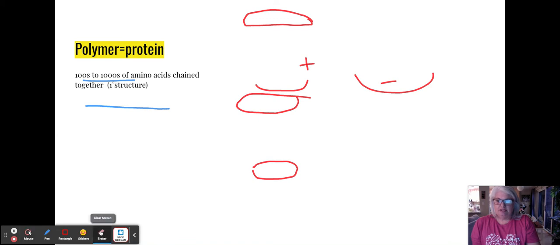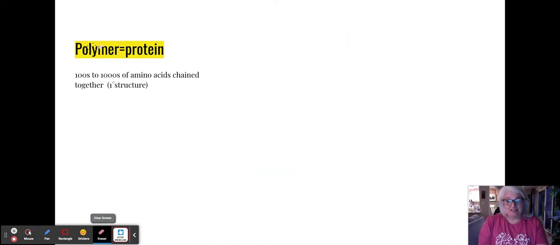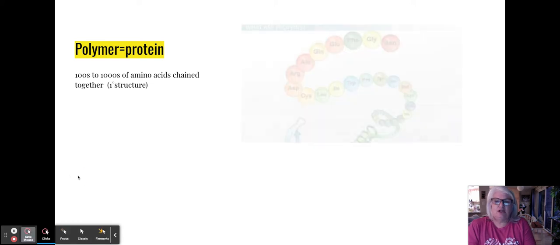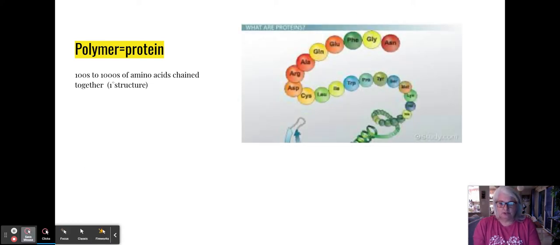So now let's jump into what actually happens to those monomers. If I'm going to make a protein, I will take hundreds to thousands to tens of thousands of amino acids and just link them together in a chain. Okay, and that is what we call the primary structure of a protein. So if you look here at this picture, we have all these different amino acids.